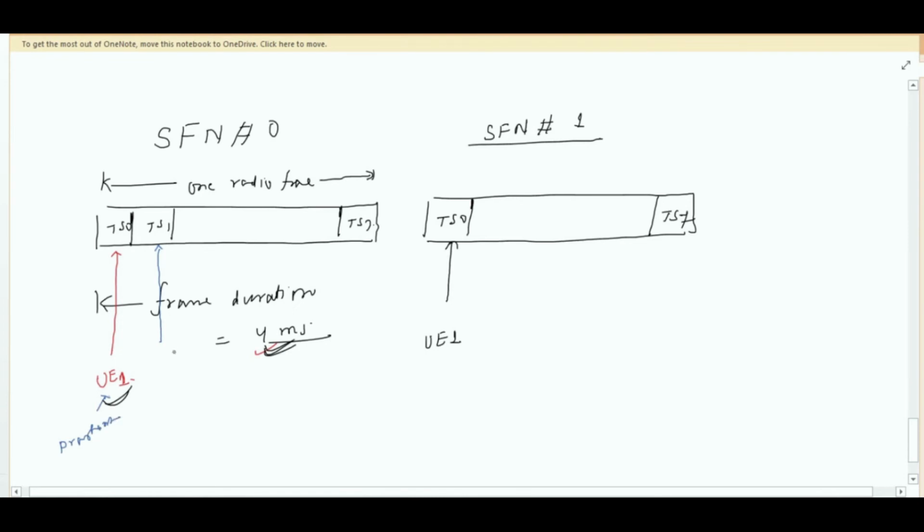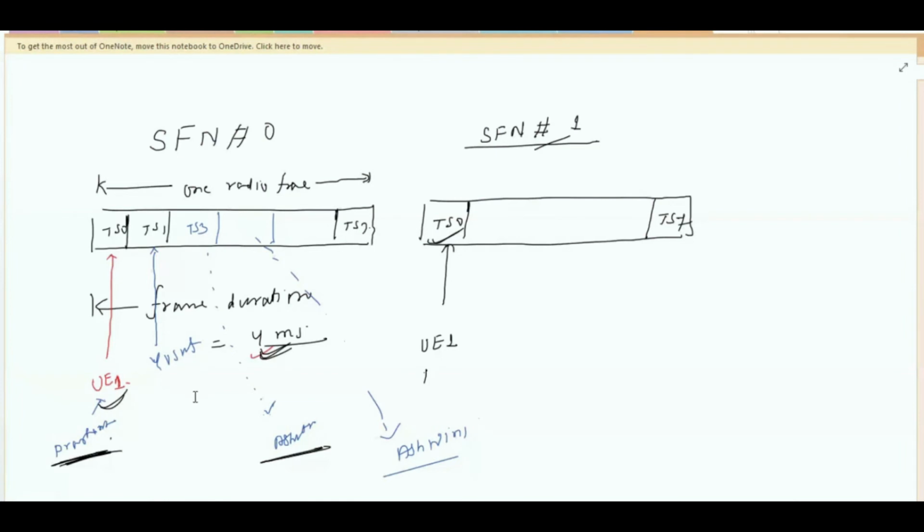Suppose this TS1 has been given to Yusuf, and TS3 is given to another user. Now if Prashant needs more than one slot, then in the next frame he gets exactly the same slot position, TS0 again. Obviously Yusuf needs only one slot, he has transmitted his entire data.